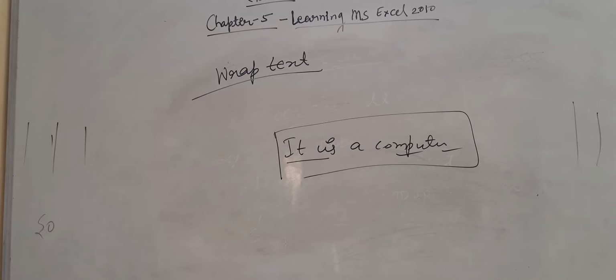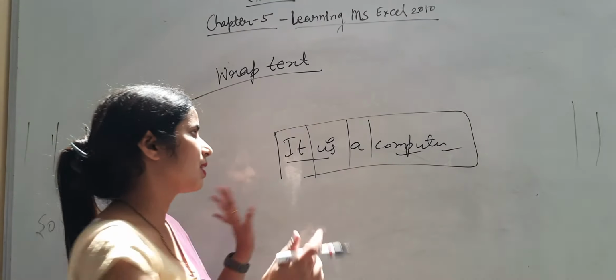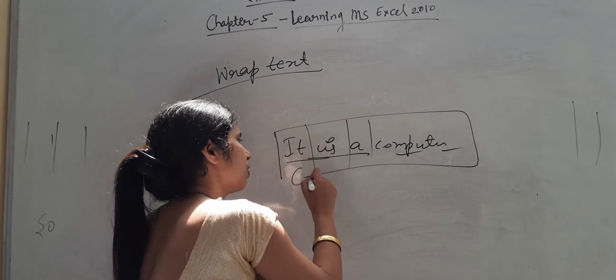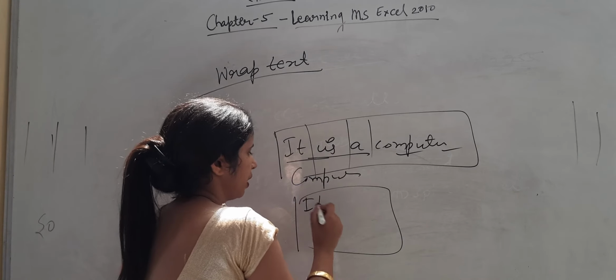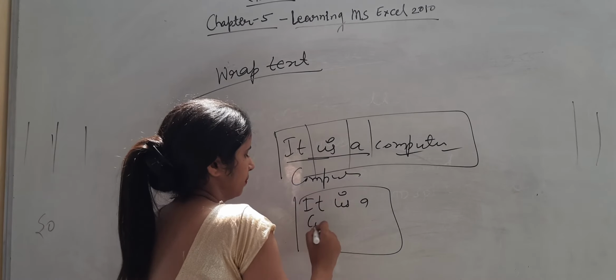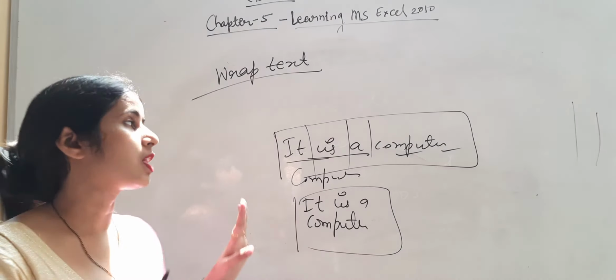Suppose it is written in different cells. If you merge them, in one cell it will show you "It is a computer." That is known as wrap text.